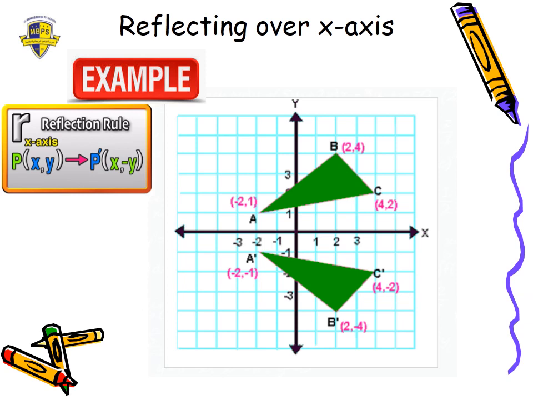So this A', this is the reflection of point A. Now B, 2, 4. When we reflect it, it will be 2, minus 4, and C, it's 4, 2. When we reflect it to point C', this is 4, minus 2.